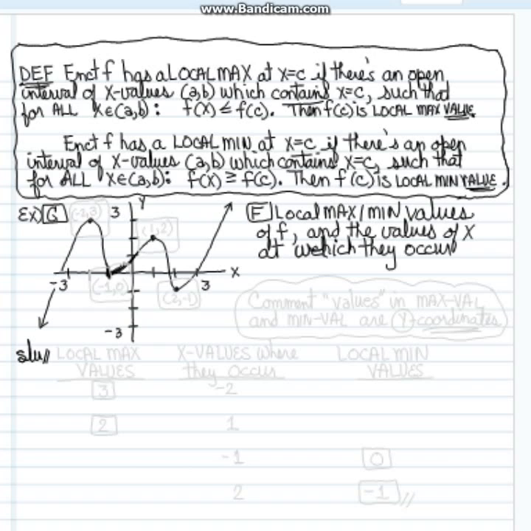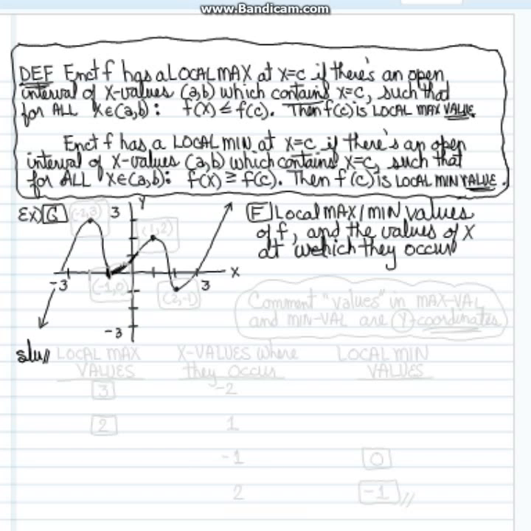Let me just say to you, when I read that definition, this is how I interpret it. If you can find a point around which you can form a neighborhood, and that neighborhood on both sides has no other point that is taller than your point, then your y value, the highest point, is a local maximum.